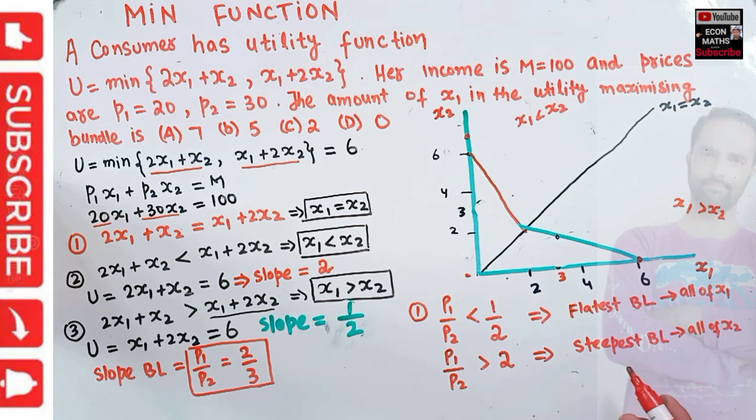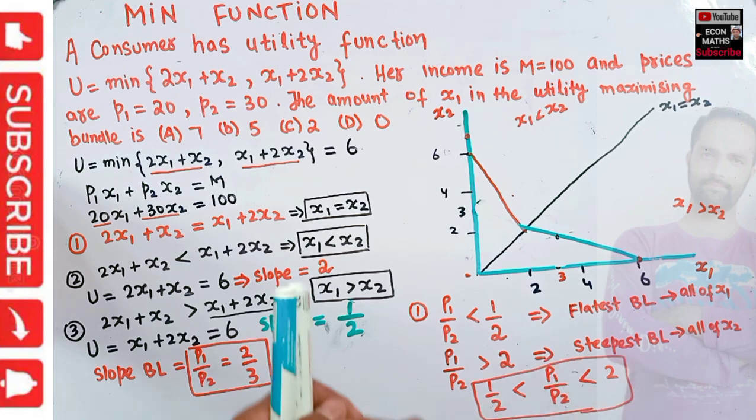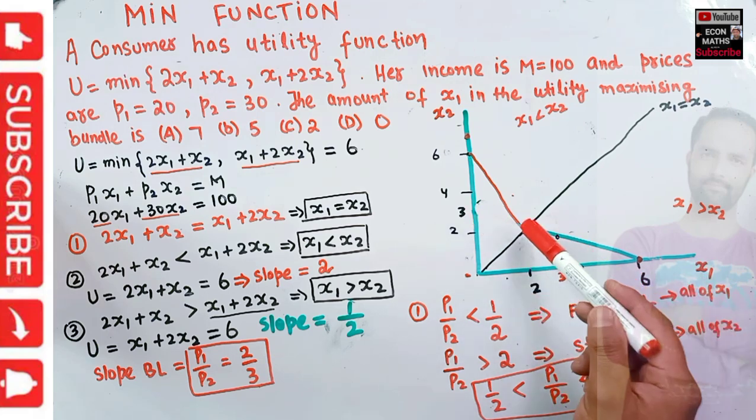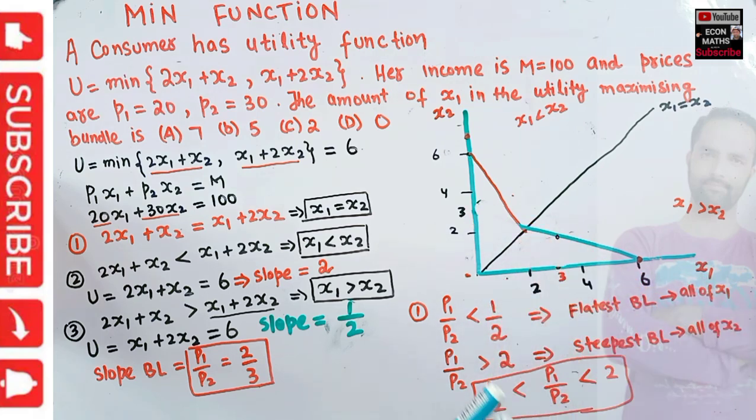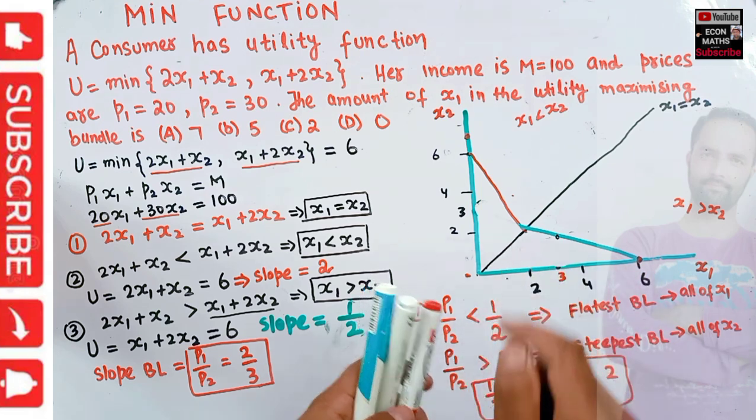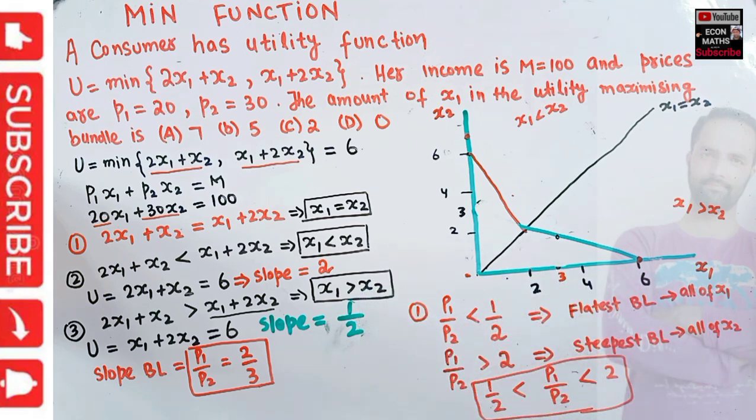So let us take another case. I forgot to write here. Another case can be when p1 upon p2 is less than 2 but greater than 1 upon 2. If this is the case, which actually is in our question, then our budget line will pass through the kink.